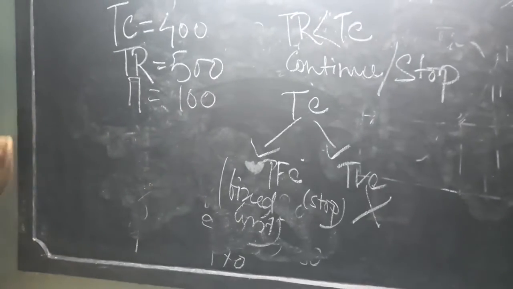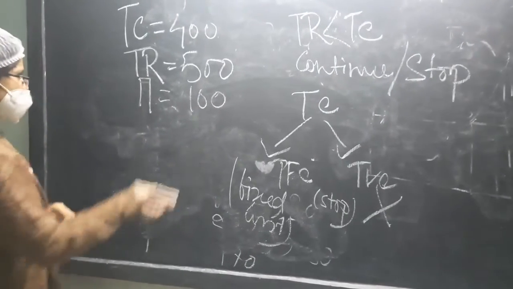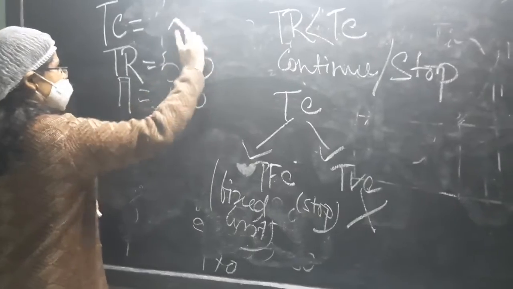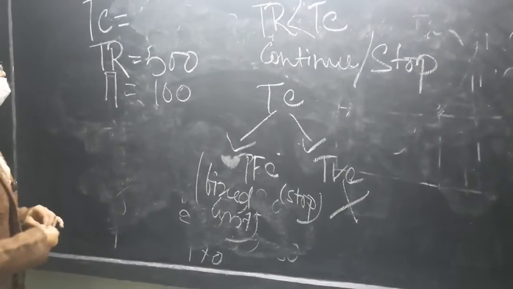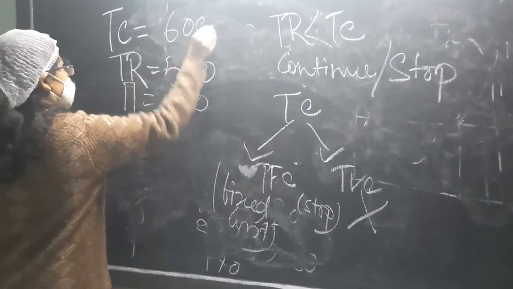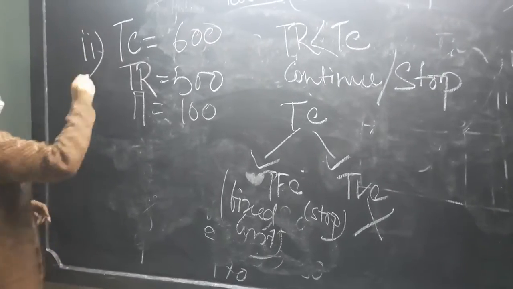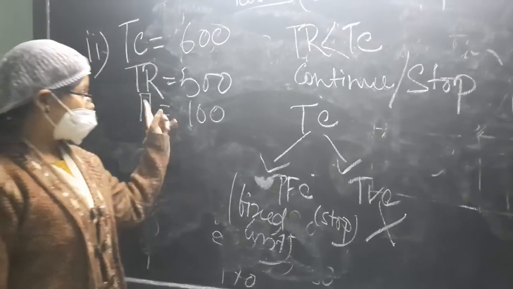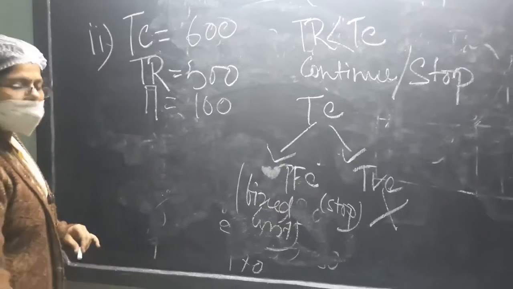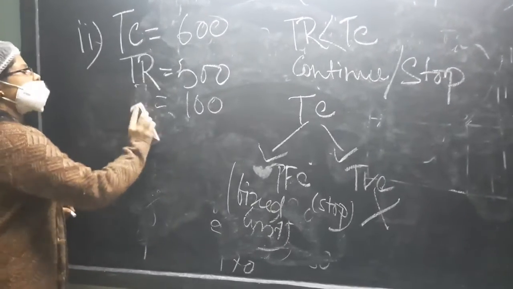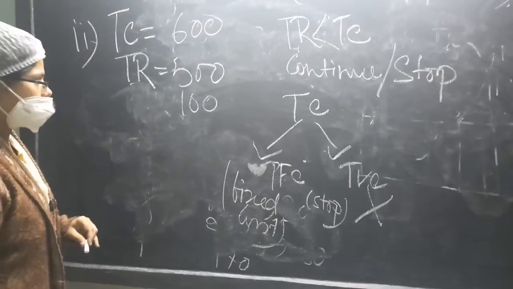The firm will continue the production. Next situation. Situation 2: total cost is 600, total revenue is 500. So there is no profit. There is loss.